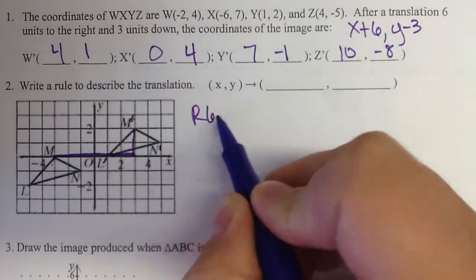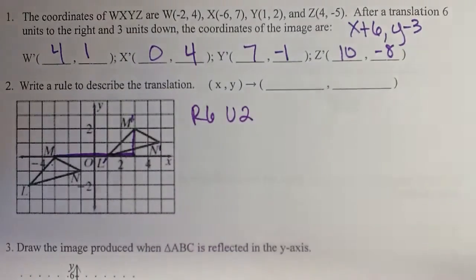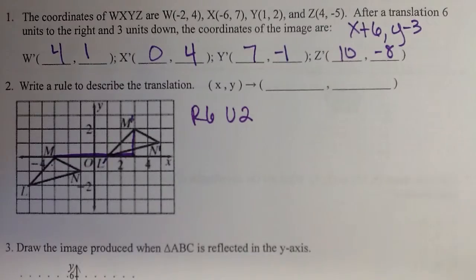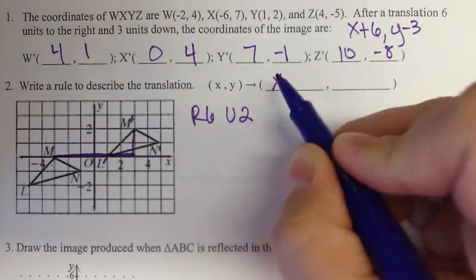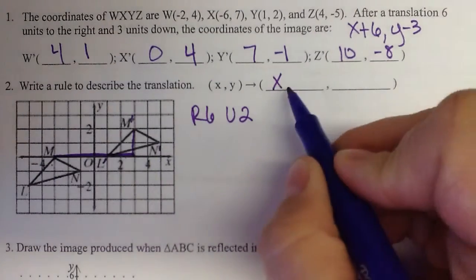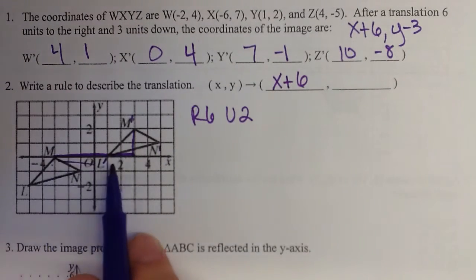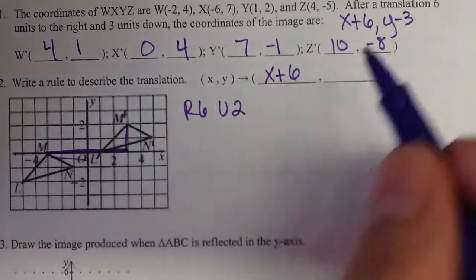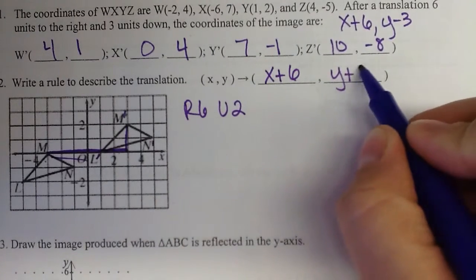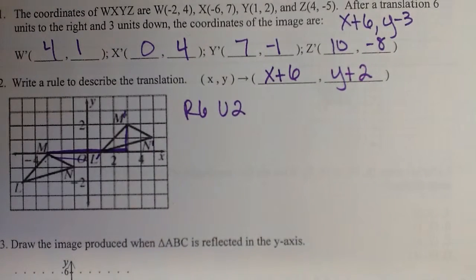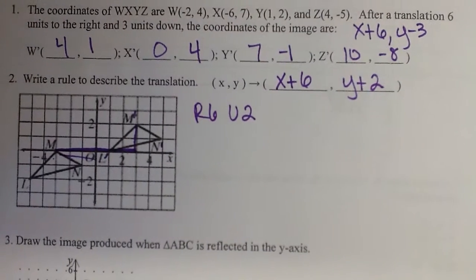So right 6, up 2. So your rule would be x, we went to the right, was plus 6, y plus, because we went up, 2. You have to put the x and the y in there. If you just put plus 6 plus 2, that does not count.